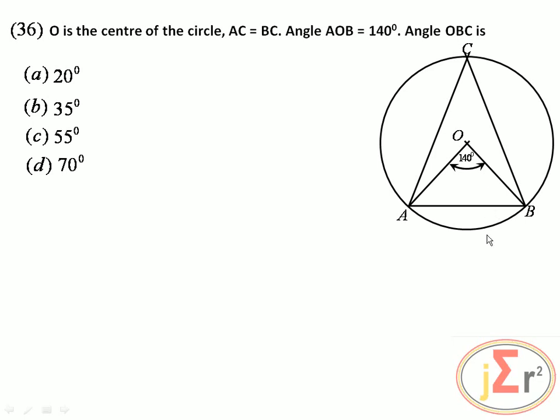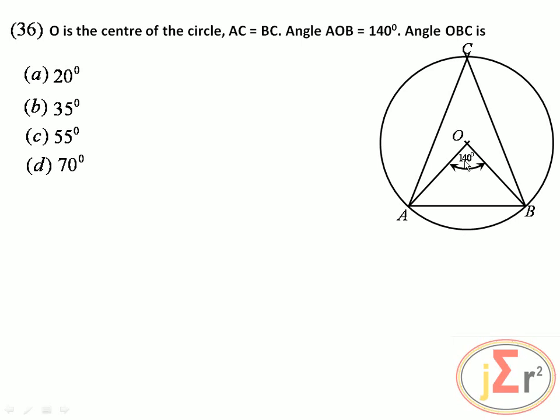What do we know if we need to find the angle OBC? Some students will find the first angle. Some of these angles are easily found. We know that the angle at the center is twice the angle at the circumference, which is 70. It's there.